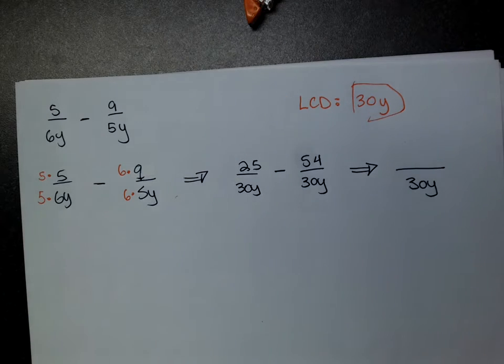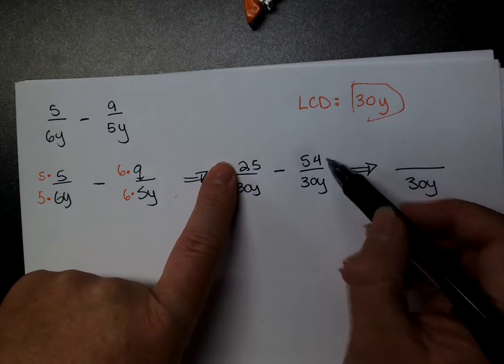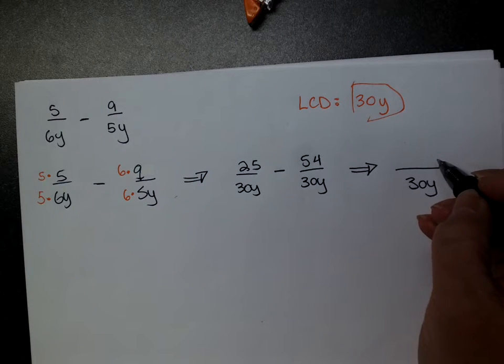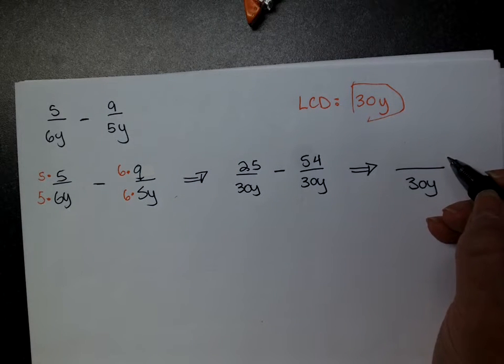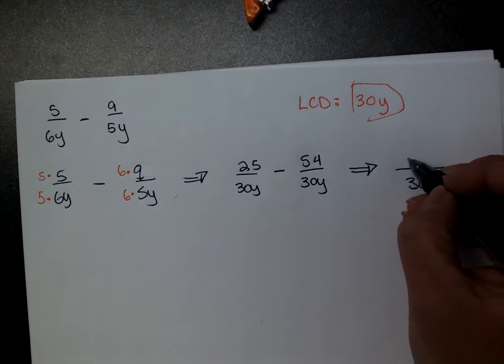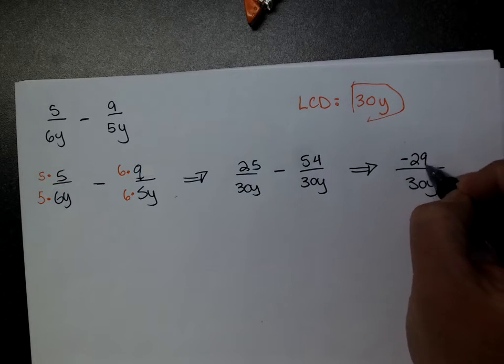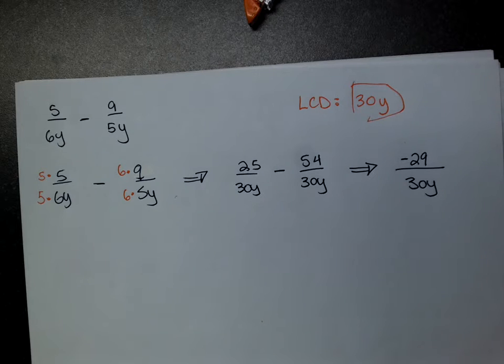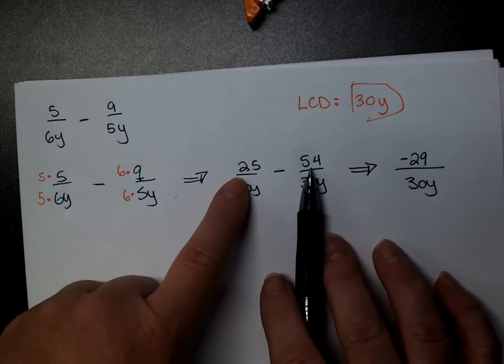The pizza still has 30y size slices. How many total slices do I have? Negative 29. Right, 25 minus 54. Yeah, once your denominator is the same, you just combine your numerators.